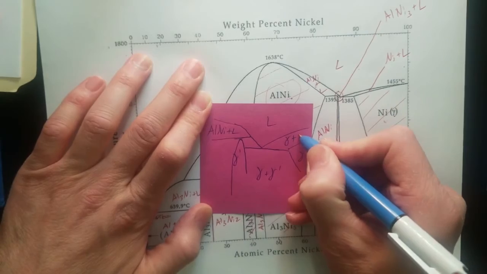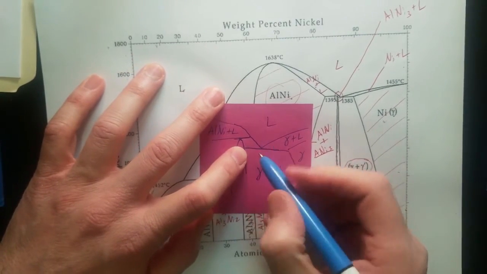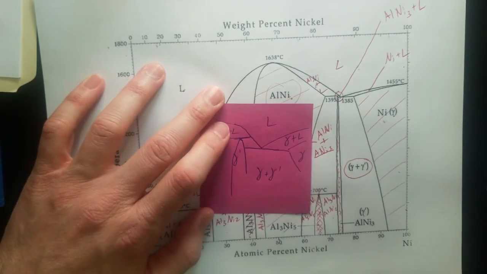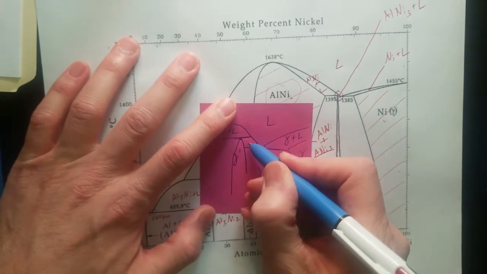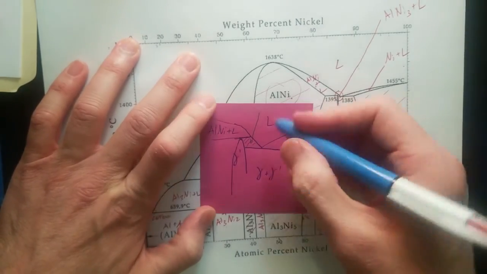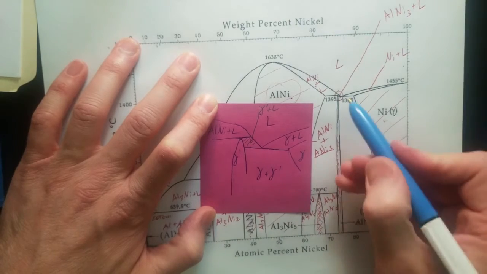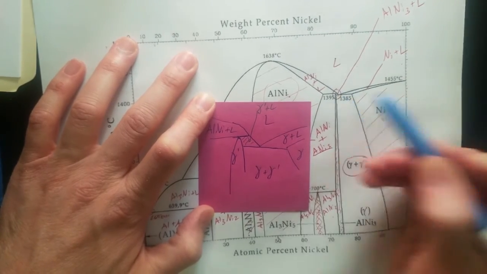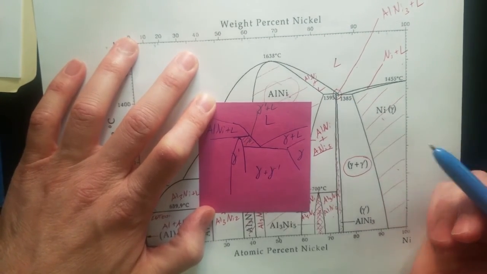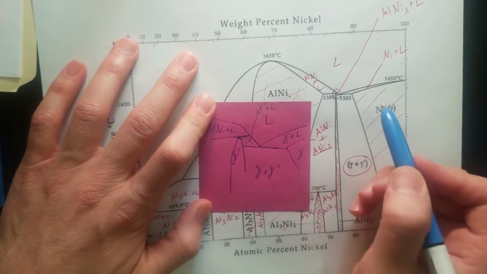This is gamma plus liquid, which makes this gamma prime plus liquid. And that's that little spot right there. And that is a paratectic, and you can just barely see it there.